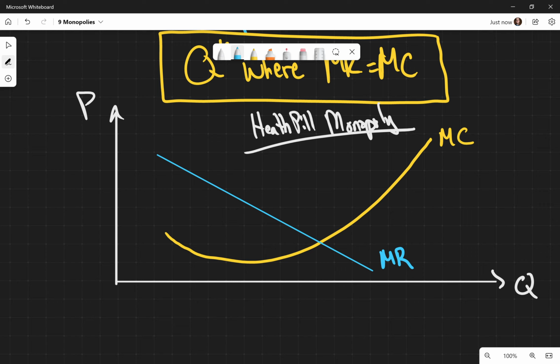And so the way that I like to teach a lot of students about how to do incremental analysis is to think about, okay, let's start at the beginning, right? Let's say that you are producing one of these, and again, this is probably like 1 million pills or something like that, but just for the sake of example here, we're just going to call it 1. So for that first batch, the marginal revenue we see is much higher than the marginal cost.